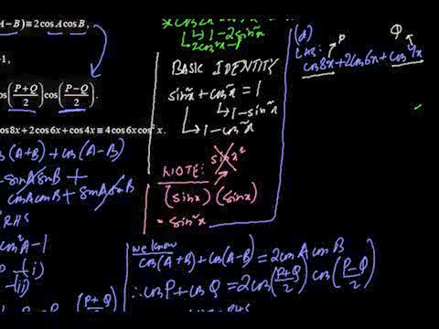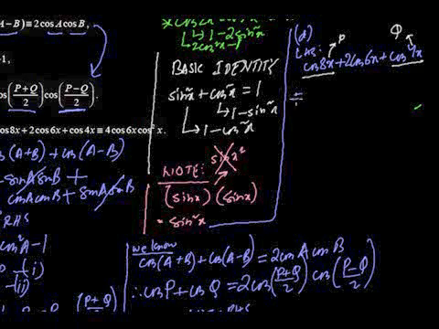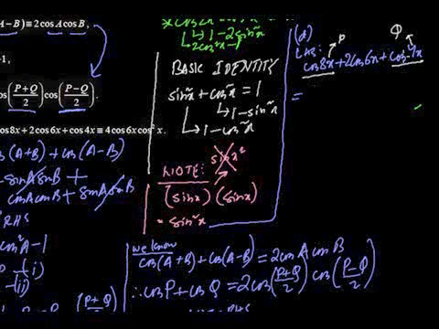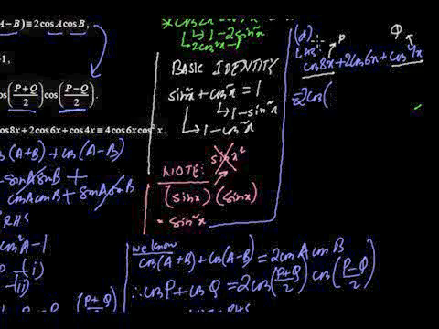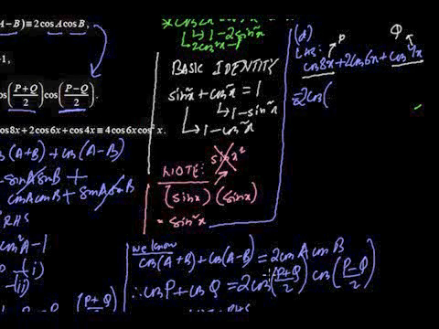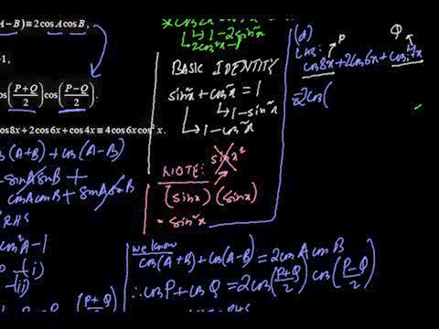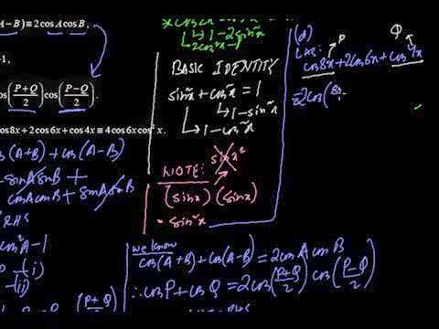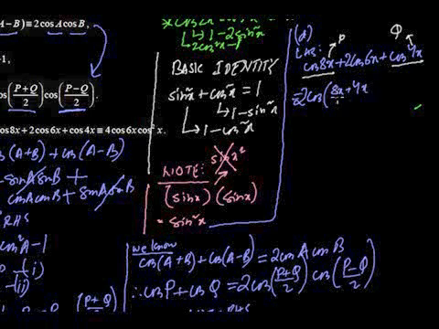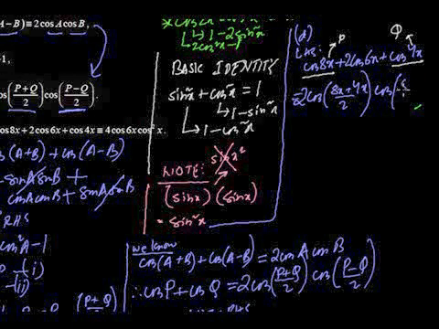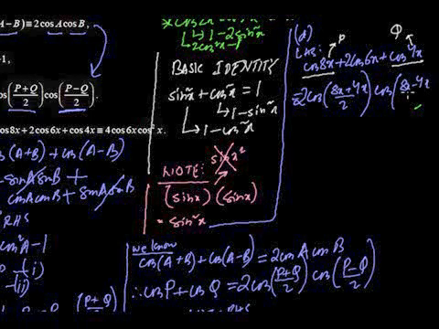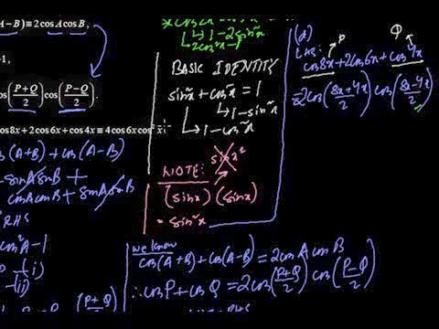So using that, we can write cos p plus cos q as 2 cos of (p plus q) by 2, which is (8x plus 4x) by 2, and cos of (p minus q) by 2, which is (8x minus 4x) by 2.